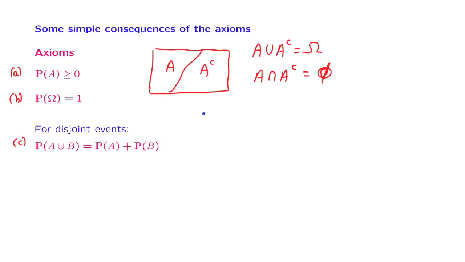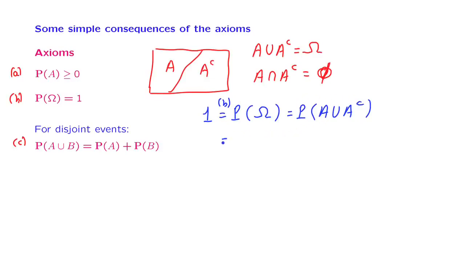We have that the probability of the entire sample space is equal to 1. This is true by our second axiom. Now the sample space, as we just discussed, can be written as the union of an event and the complement of that event. This is just a set theoretic relation.